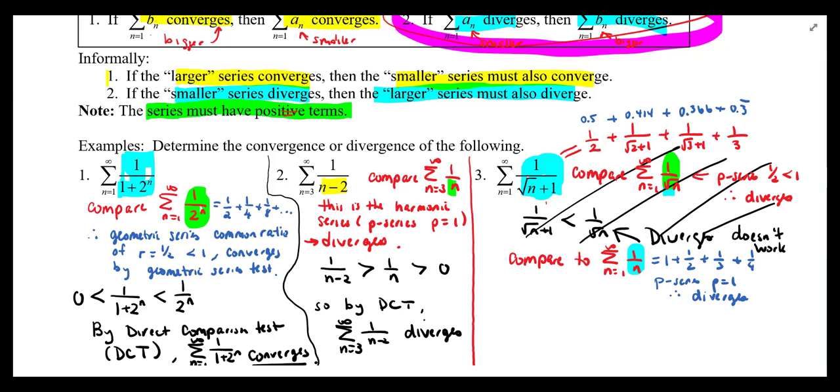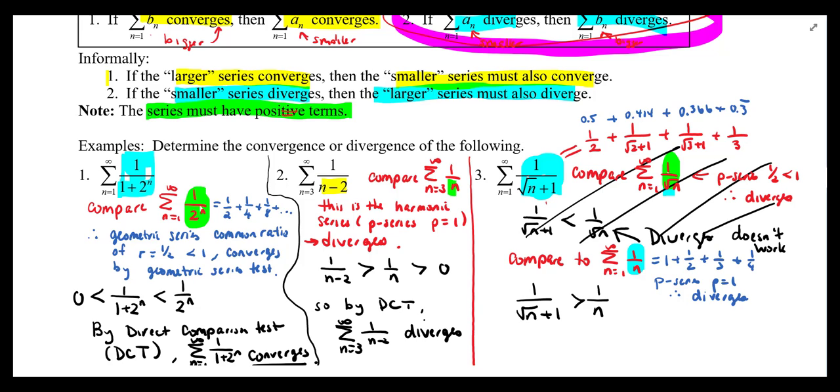I hope you can reason that 1 over root n plus 1 is actually bigger than 1 over n. Which is great, because if that is bigger, is it bigger, you're thinking? Wait a minute, it's not bigger, is it?